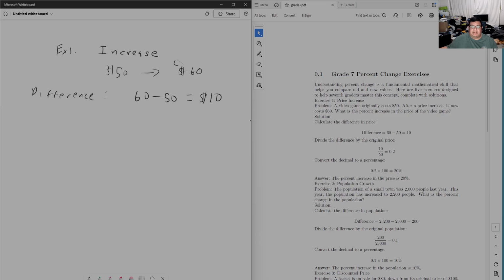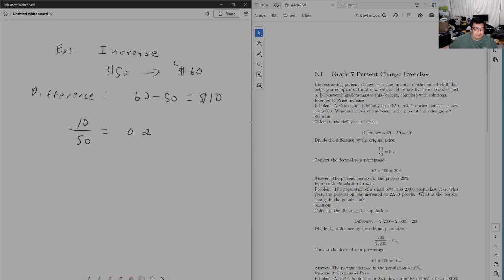Now we're going to divide the difference we just found by the original price. So that's $10 over the original price, which is 50. When you divide that on the calculator, 10 over 50 is going to give you 0.2.